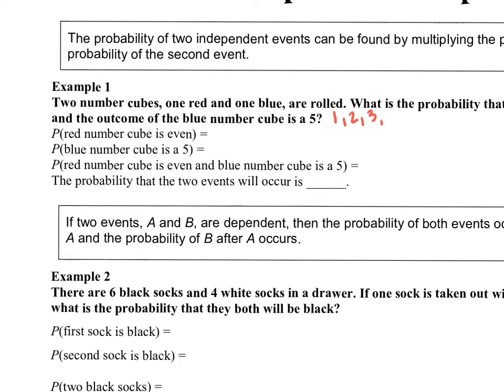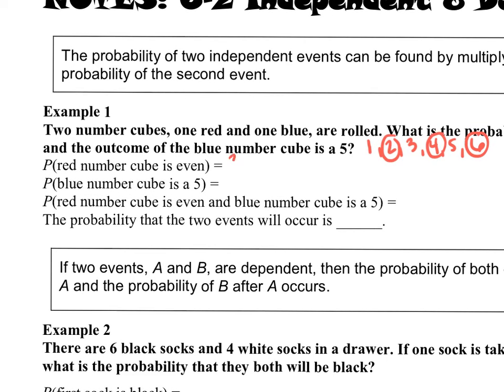Our options are 1, 2, 3, 4, 5, and 6. What of those options are even? 2, 4, 6. So that's 3 out of 6, which reduces to 1/2.